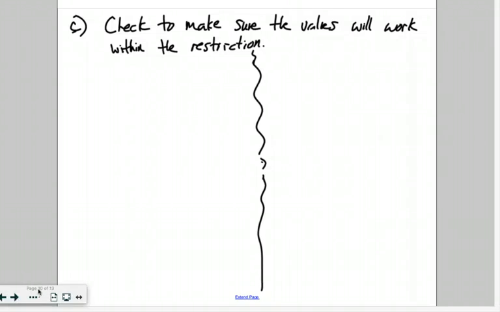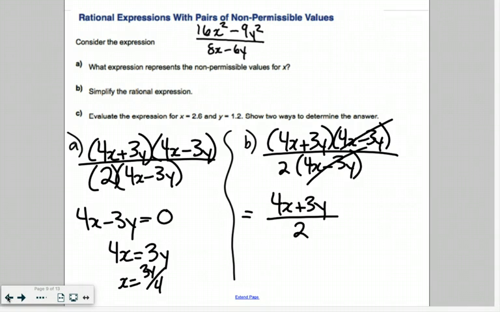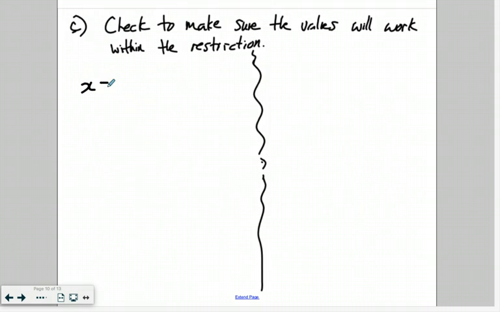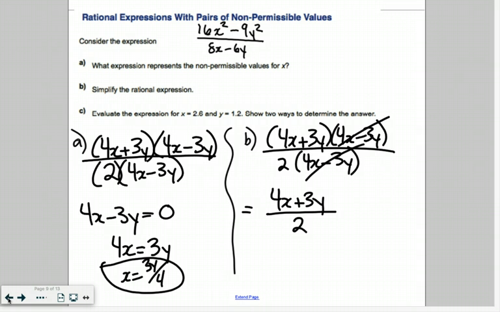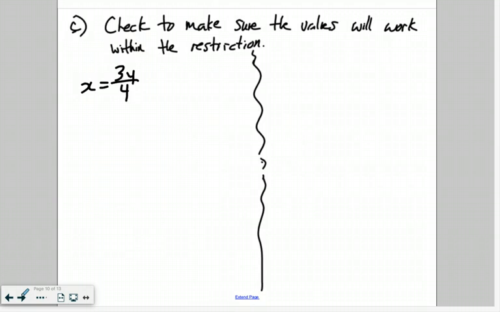Remembering back from the previous slide, our non-permissible restriction was x equaling 3y over 4. We've been given values of x and y such that x is 2.6 and y is 1.2.